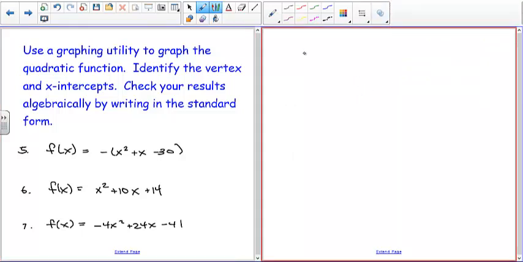So again, we're going to put this in standard form. We'll take the original expression, move the 14 over here, take 10, divide by 2, which is 5. 5 squared equals 25.